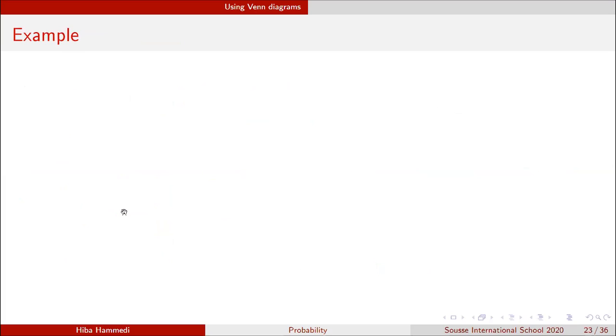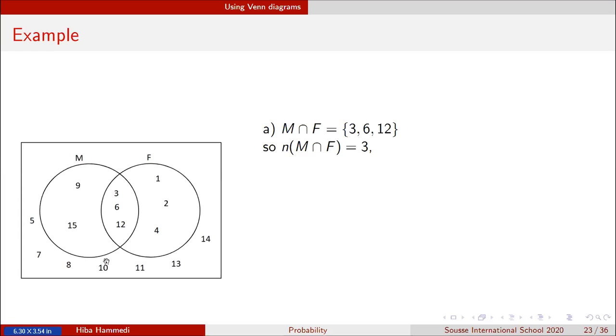Numbers that are multiples of 3 between 1 and 15 are 3, 6, 9, 12, and 15. And factors of 12 are 1, 2, 3, 4, 6, and 12.